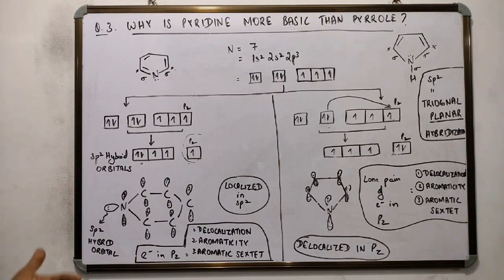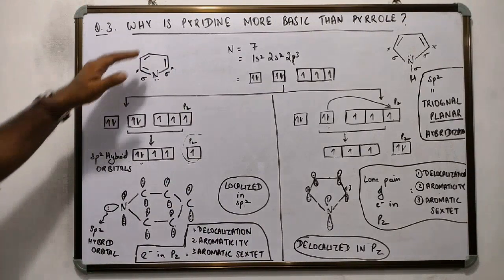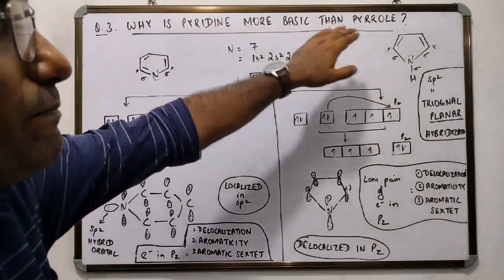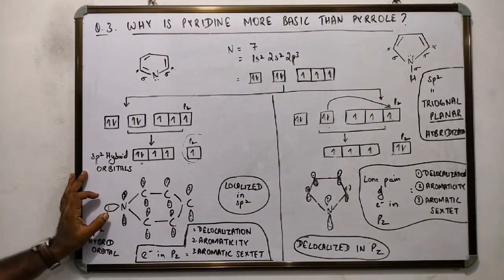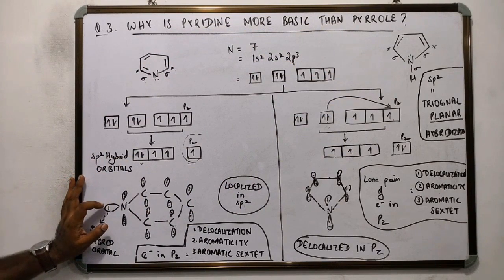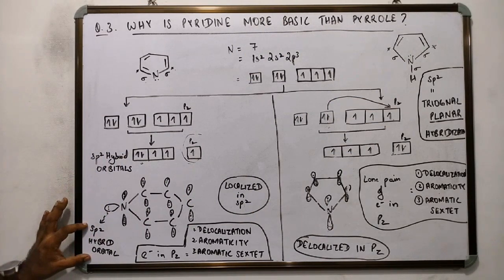Let us now revisit our question: why is pyridine more basic than pyrrole? The answer is that in pyridine, the lone pair of electrons is in an sp2 hybrid orbital.